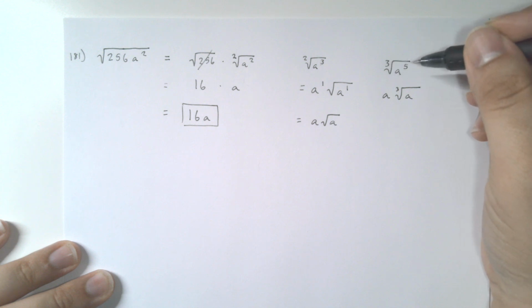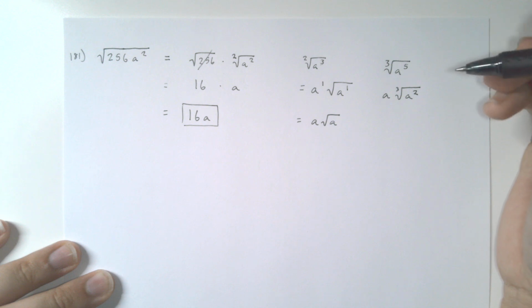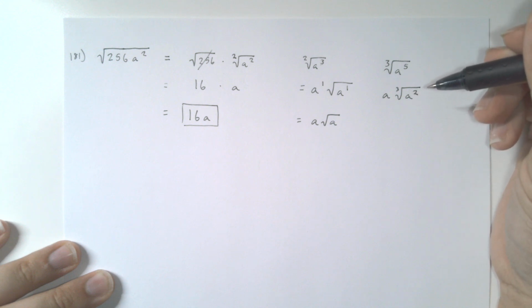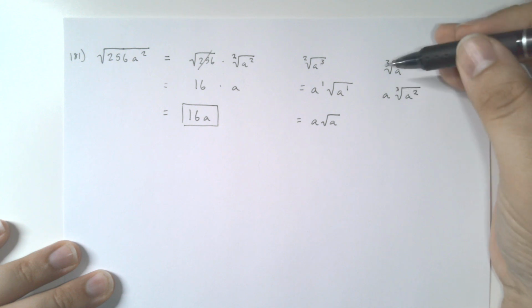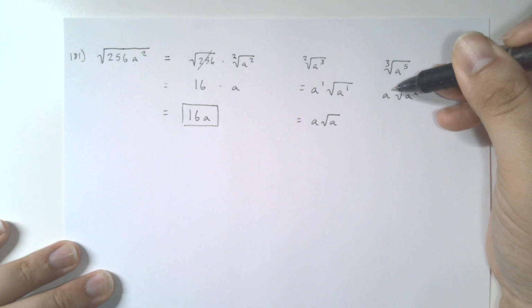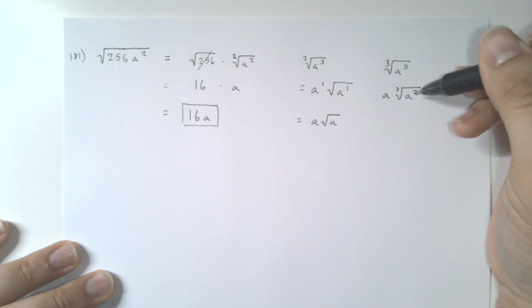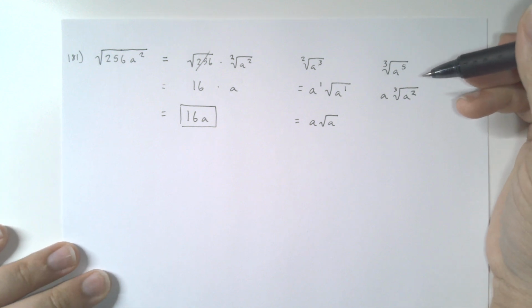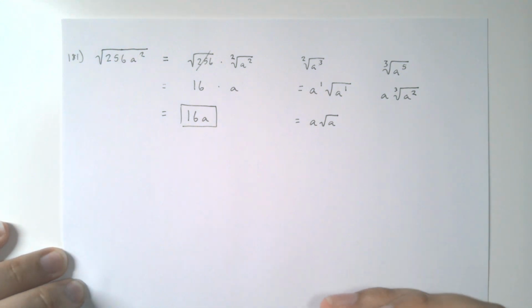So 3 goes into 5 once with a remainder of 2. So we would say it's a times the cube root of a squared. So this number right here, this exponent, is how many whole number of times the index goes into it, and whatever your remainder is stays inside the root. So with this in mind, we can now tackle the rest of our problems that we have here.